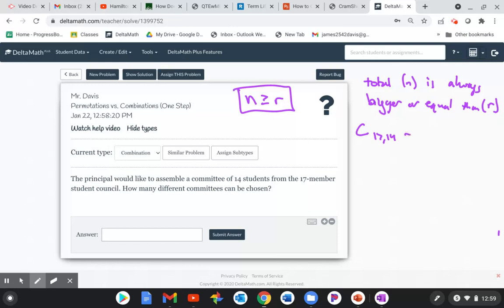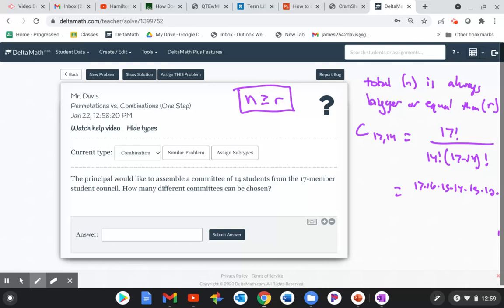So if we put this into our little formula, we get N factorial, so 17 factorial, over R factorial, so 14 factorial, times 17 minus 14 factorial. That gives us 17 times 16 times 15 times 14 times 13, all the way down, times 12 times 11, whatever. On the bottom, we got 14 times 13 times 12 times 11 times all the way down, times 3 factorial, right?